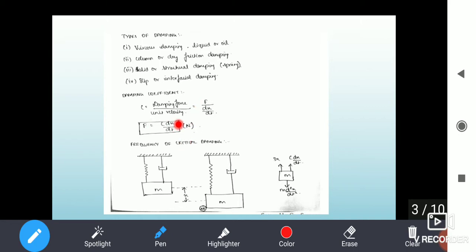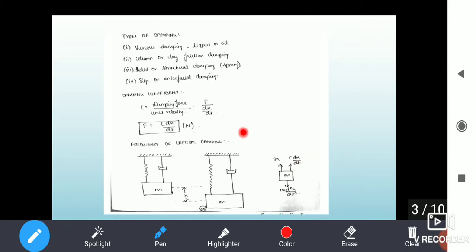This damping force will not allow the force to restore. It will eliminate or dissipate the vibration with the help of friction, so the vibration is converted into heat energy.